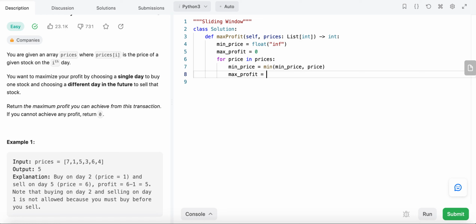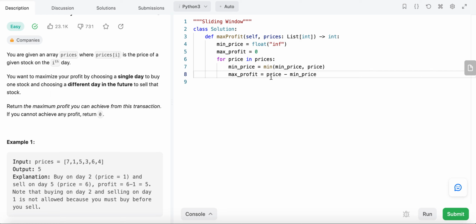We first get the profit for the current price, that is the current price minus the minimum price, and then we check if that is the maximum profit by comparing it with the maximum profit so far.